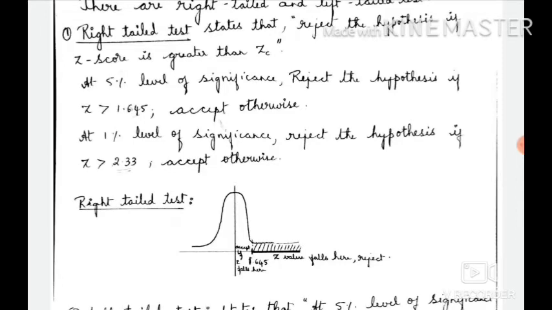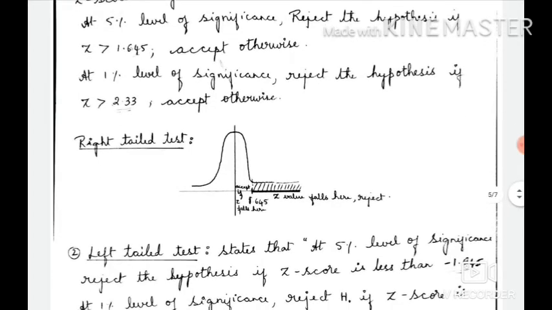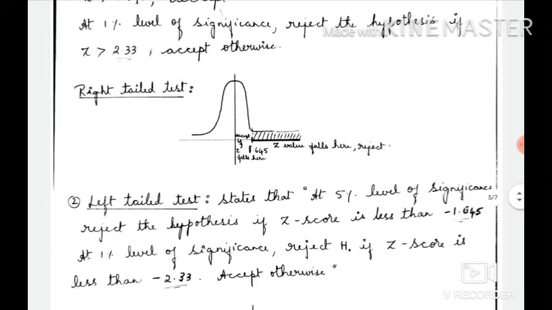In the case of 1% level of significance, we reject the hypothesis if the z-score is greater than 2.33. It falls in the critical region, therefore we reject the hypothesis. If the value of z is less than 2.33, it falls in the acceptance region, we accept the hypothesis.